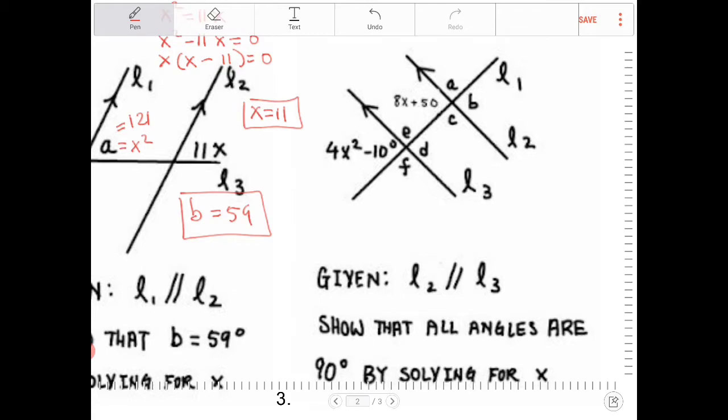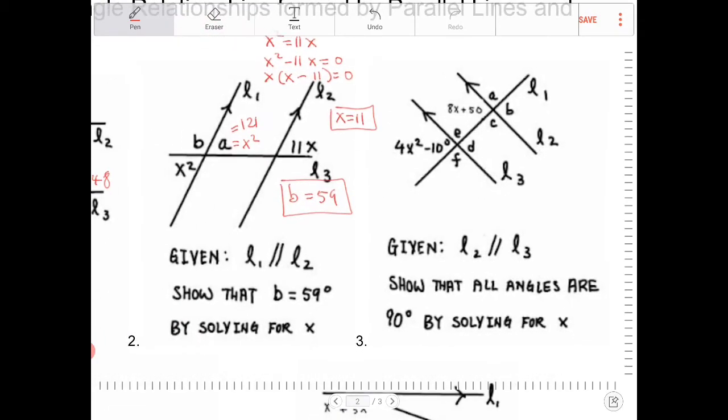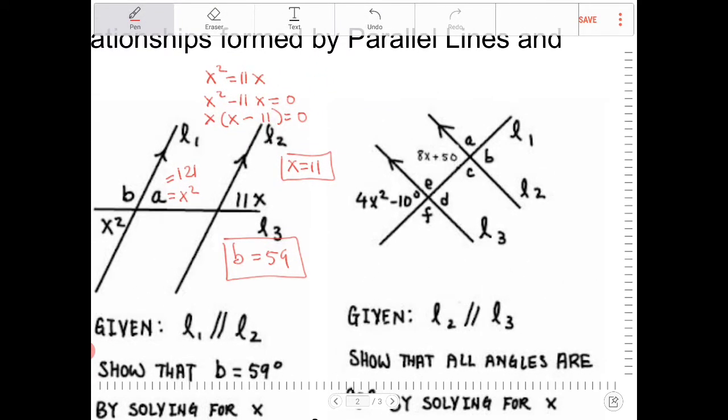All right, moving on. It says here to show that all the angles are 90 degrees by first solving for x. So in order for all of this to work, these two angles are corresponding. So therefore I can say 8x plus 50 is equal to 4x squared minus 10.